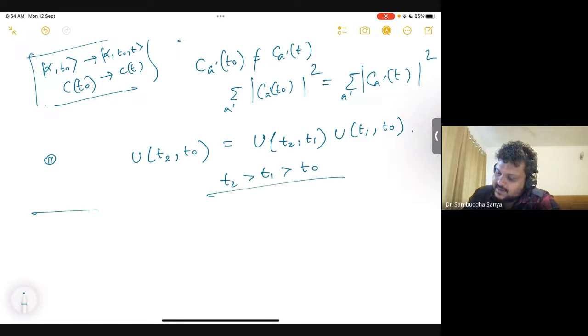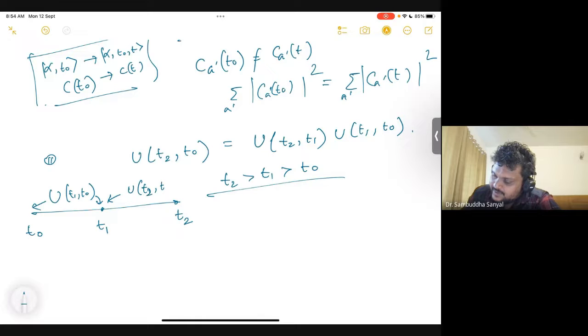Which means if I go from t0 to t2 and there is an intermediate time t1 somewhere, then the operator that takes me from t0 to t1 and the operator that takes me from t1 to t2, if I apply them consecutively, I must get that.